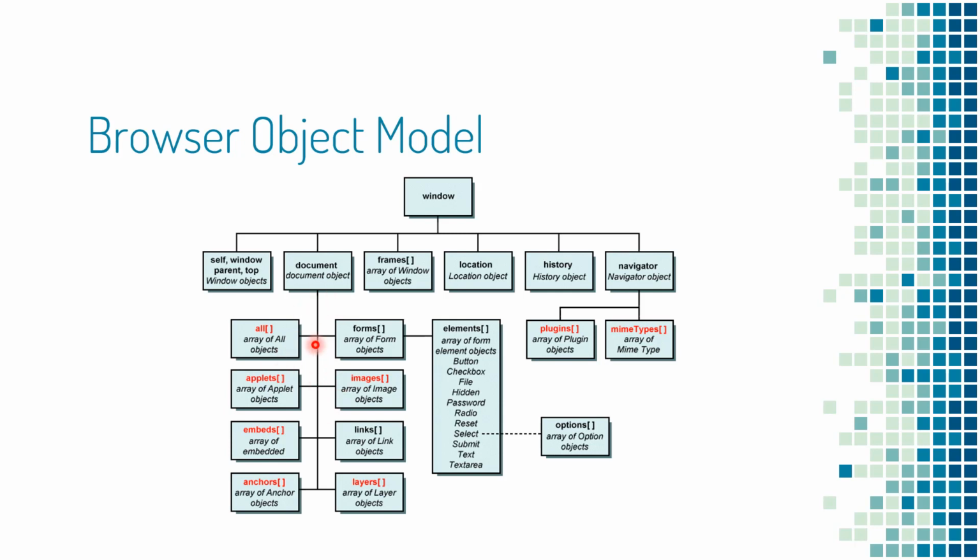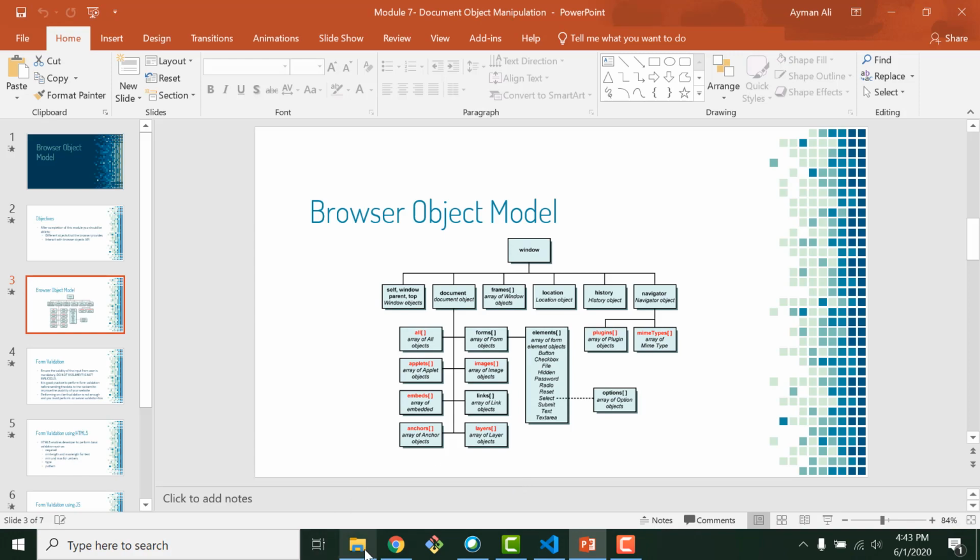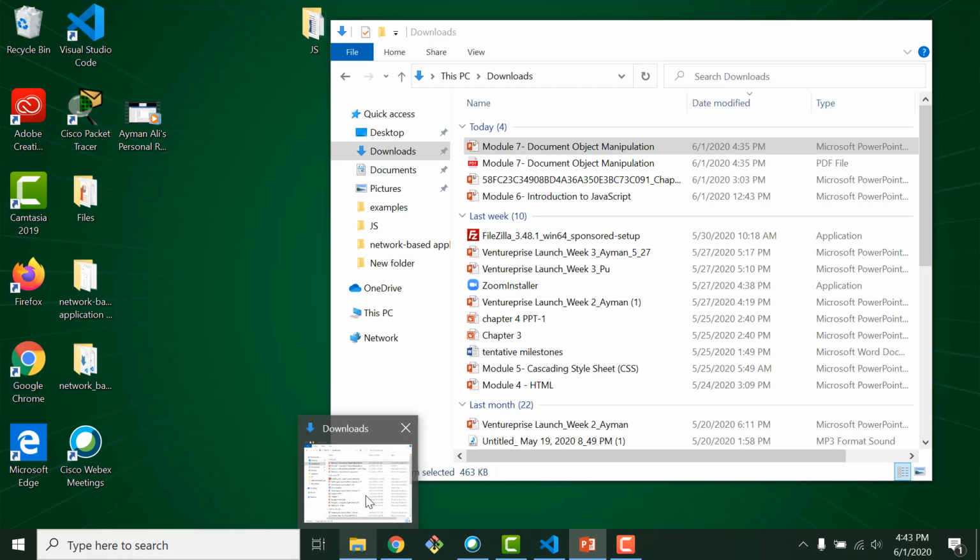This is the level of interactivity that JavaScript provides, using the browser object model. We also have some information that we can gather from frames. We have information about location, history, navigator, all these kinds of browser objects, and we will see most of them as a live demonstration here.